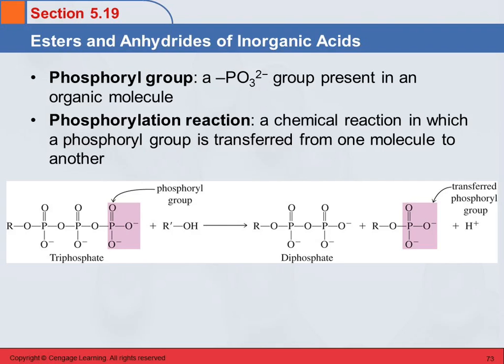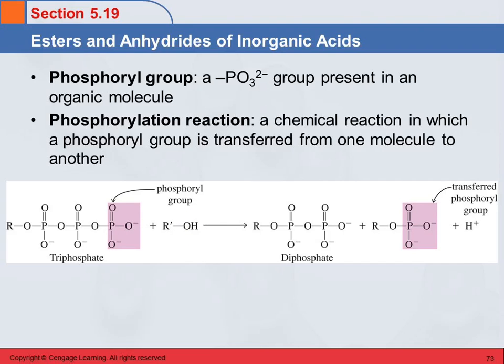So on the end of this is a phosphoryl group. That phosphoryl group can get transferred to another molecule, and we call that a phosphorylation reaction. You're transferring a phosphoryl group from one to another. An acylation reaction, ACYL, is transferring an acyl group from one to another.